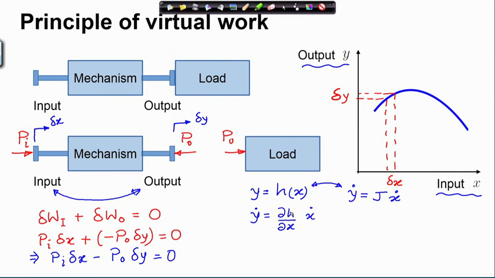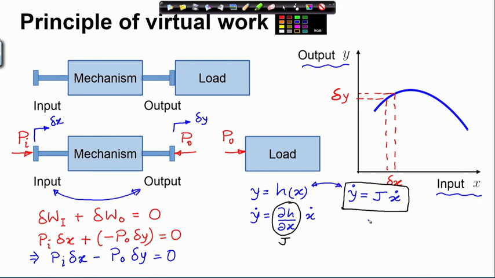And therefore, this term is nothing but the Jacobian. So, we have the input output velocity relation for the mechanism, and from there I can directly find out the virtual input and virtual output relation.